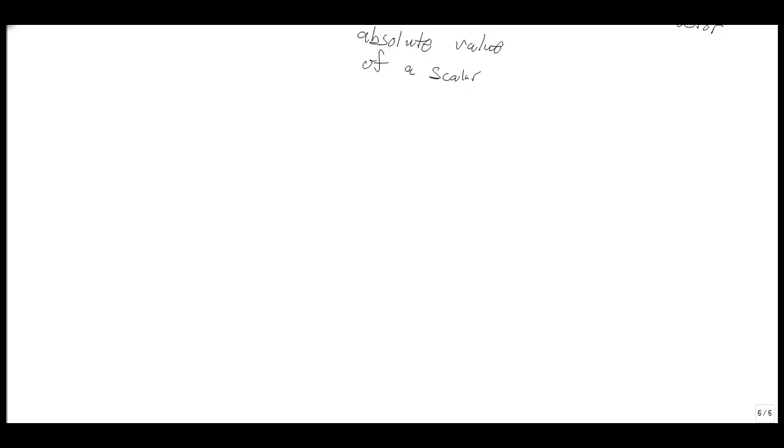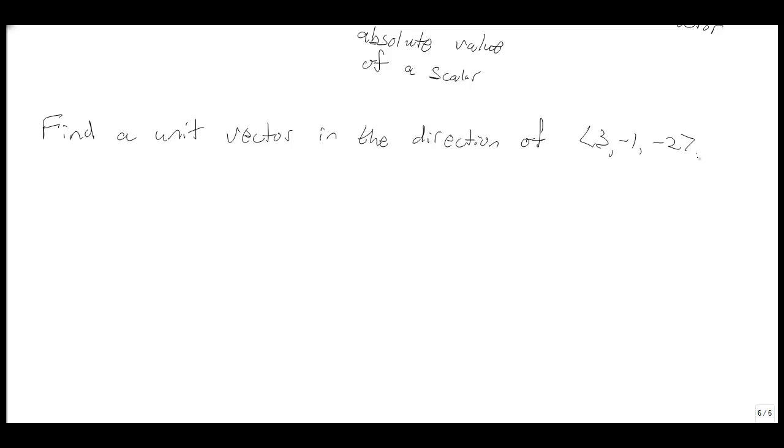Okay, so last bit here, let's find a unit vector. And this is again a common thing we'll do. In the direction of 3, negative 1, negative 2. So I'm going to say u for my unit vector.